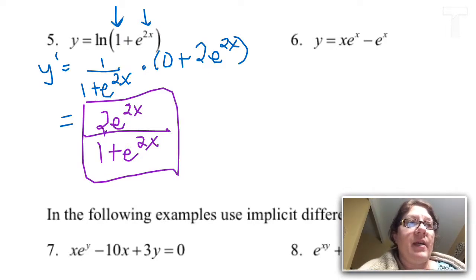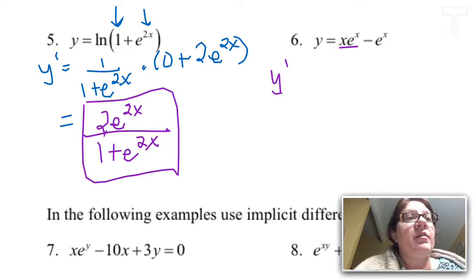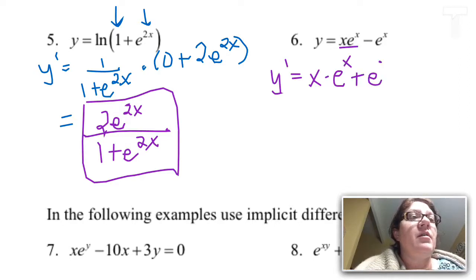Okay, so let's see. I don't know, can I make the next one scarier? So in the first piece I have a product, so I have to do first times derivative of the second, but derivative of e to the x is e to the x, plus second times derivative of the first, but derivative of x is 1, and then I'll subtract, and the derivative of e to the x is e to the x.